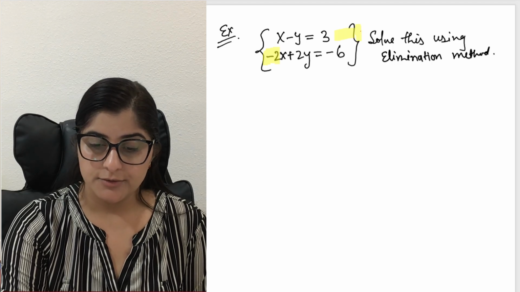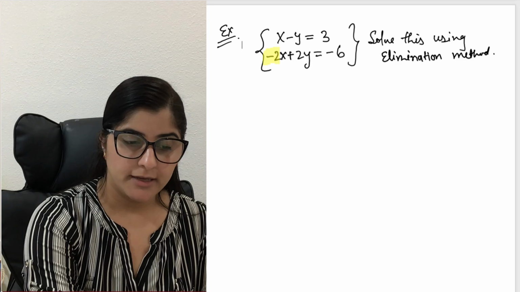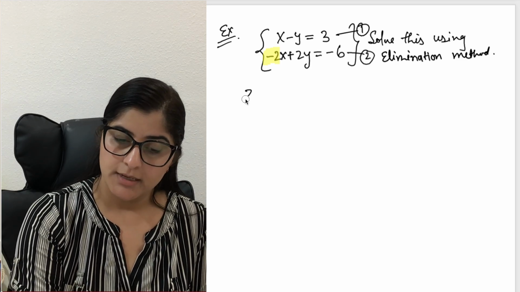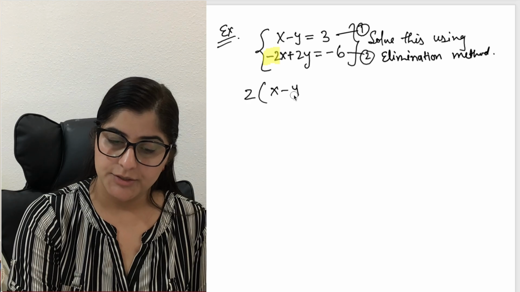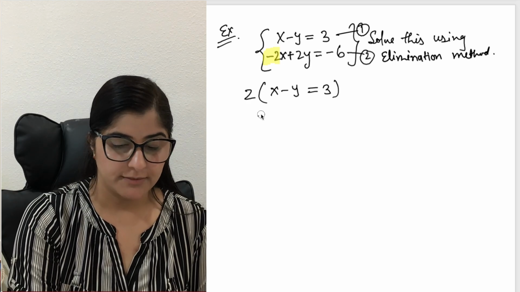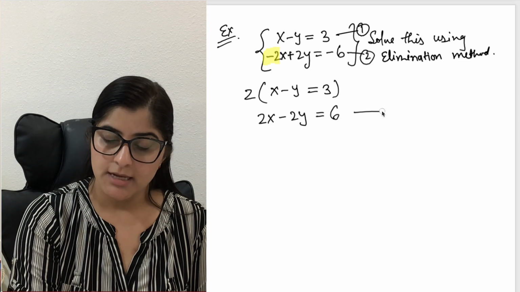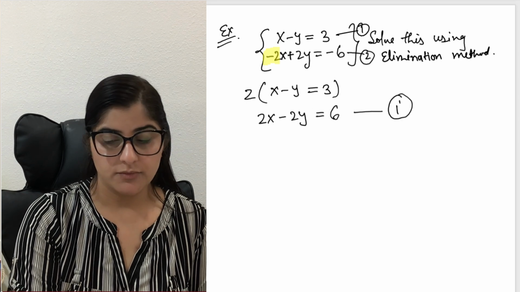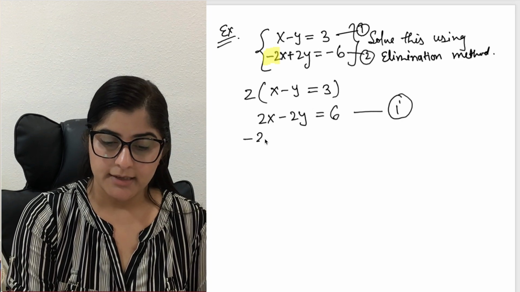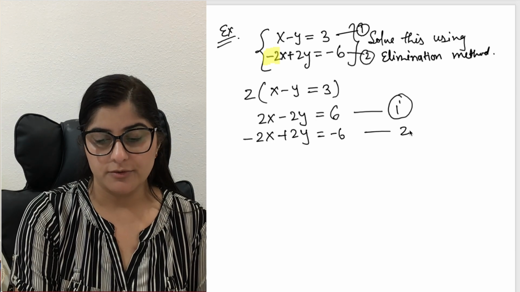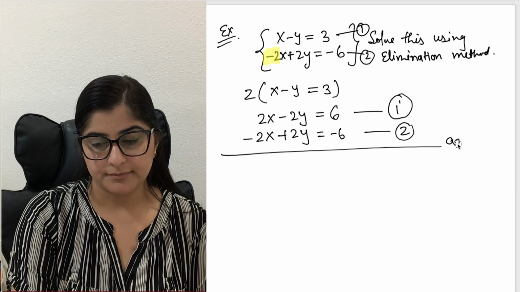So we will multiply equation 1 by +2. We get 2x minus 2y is equal to 6. This is our new equation, so we will call it 1 prime, and the second equation we will write as it is. And now we are going to add both equations.